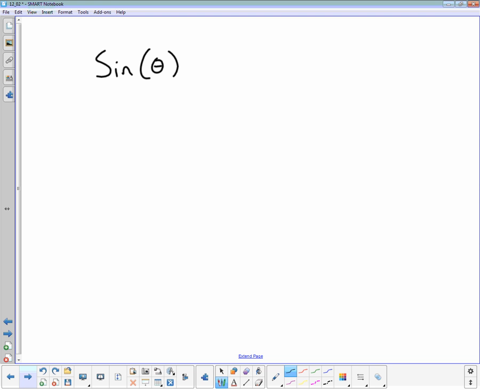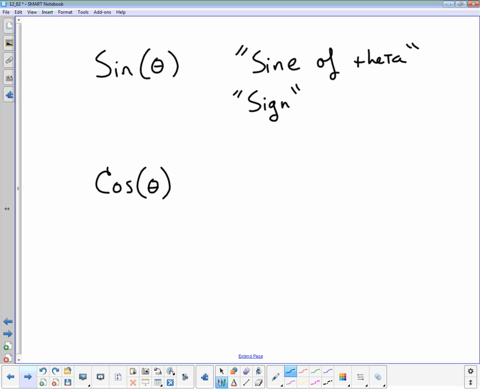This is pronounced the sine of theta, like you pronounce a stop sign. It's not sin, it is sine.